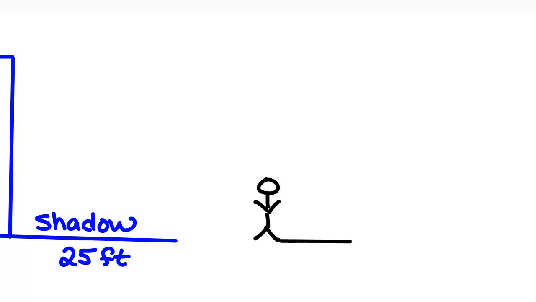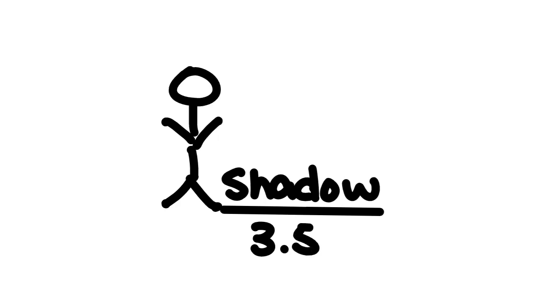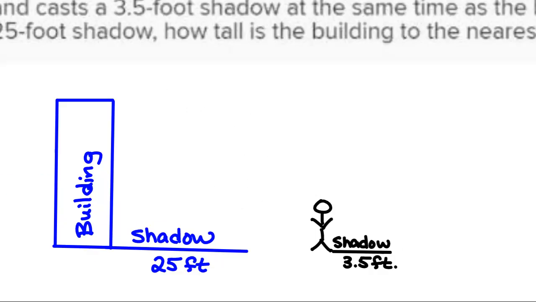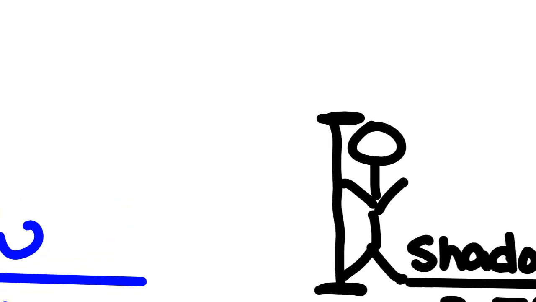And again, that shadow is going to be along the ground. Three and a half foot. Do we know anything else about the painter or the building? The painter is 5 feet tall, so this distance right here is 5 feet.